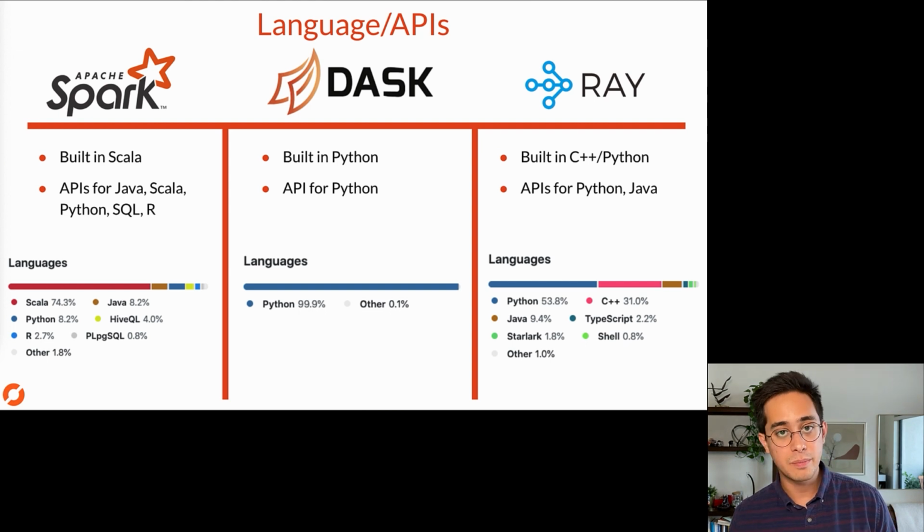Given this is a PyData Python audience, I'm assuming that might be a big hurdle for a lot of people here. Dask, you can see here, is 99.9% Python. I don't know what the other 0.1 is. Built in Python, API for Python. Ray, its main API is Python, and it integrates with a lot of the Python packages. There is some code built in C++ and some other things, so it might be a little more of a hurdle to contribute if you want to.